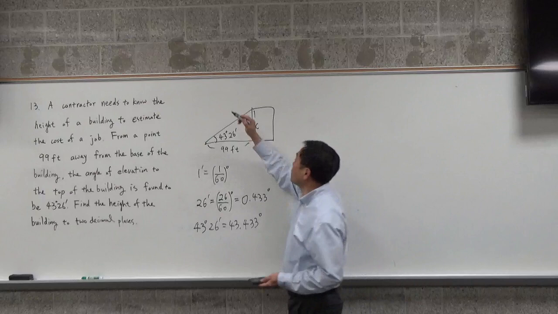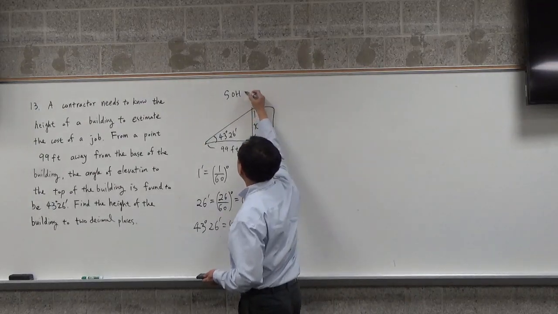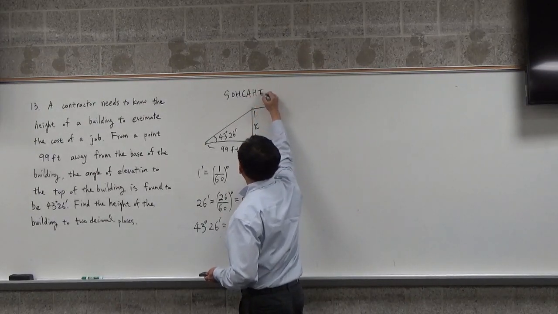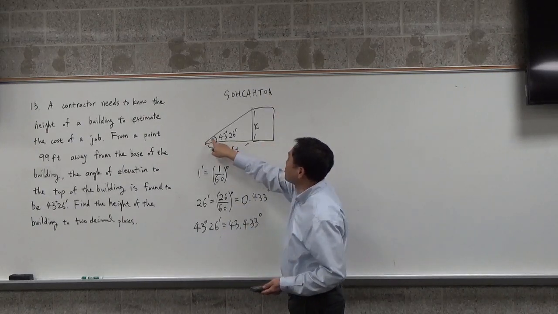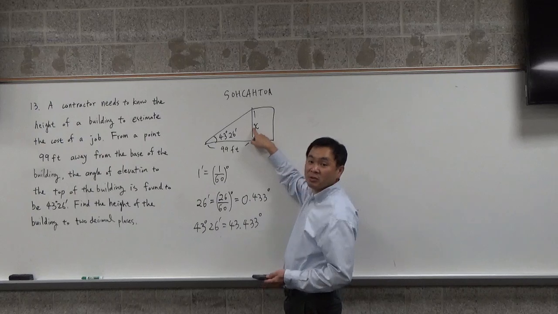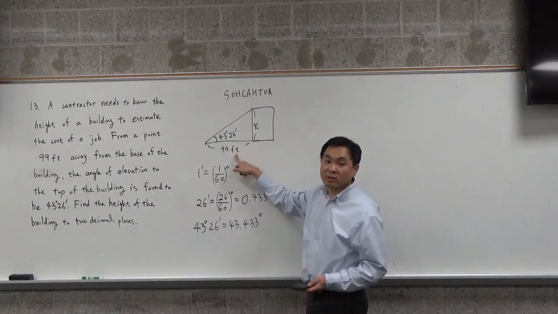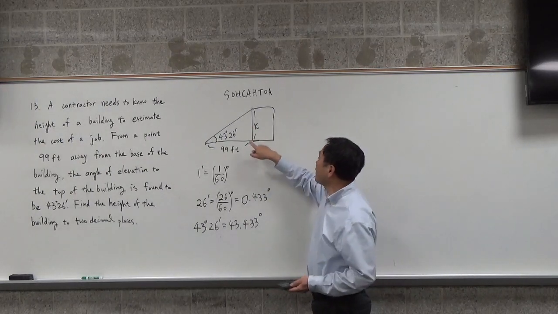Which of the SOHCAHTOA should we use? Tangent. The reason for that is because with respect to this angle, this is an opposite leg, and this is an adjacent leg.